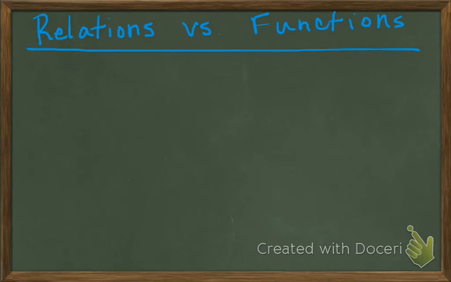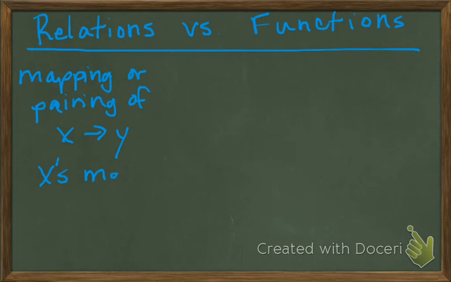Let's recap what we've learned so far in relations versus functions. In a relation, it's a mapping or pairing of x to y. The x's may repeat. In a function, it's also a mapping or pairing of x to y, but the x's may not repeat.